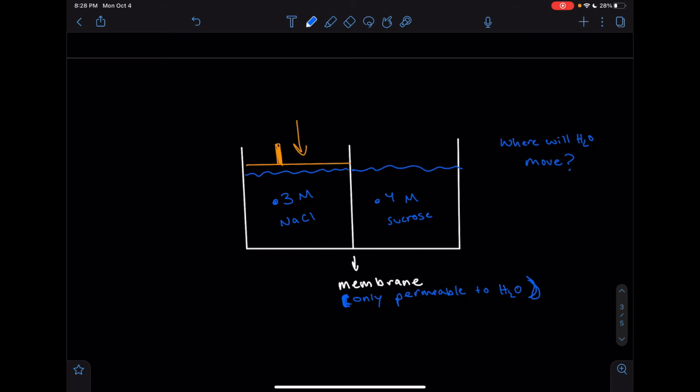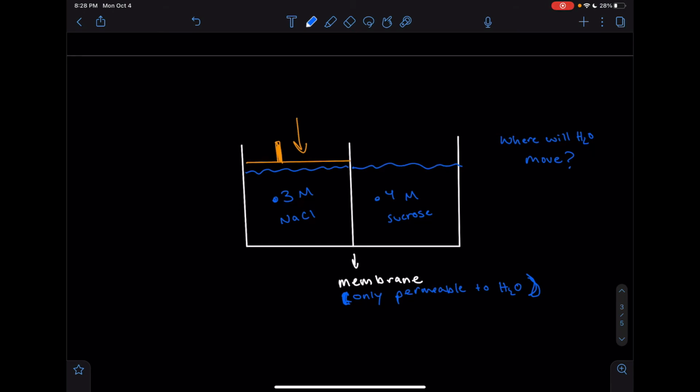So if we're trying to find the osmolarity of each one, remember what we talked about. We got to look at the concentration and then also the number of separate ions that are going to be produced, right? So for sucrose, there are no ions, right? So its osmolarity is simply going to be 0.4 osmolar, right?